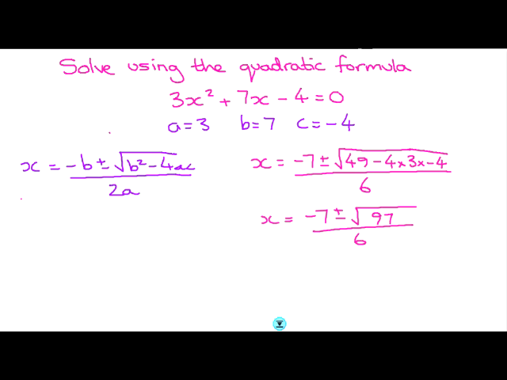Let's try and make another one. Let's try this one. So we have 4x squared minus 3x minus 2 equals 0. So I'm going to go a bit faster.